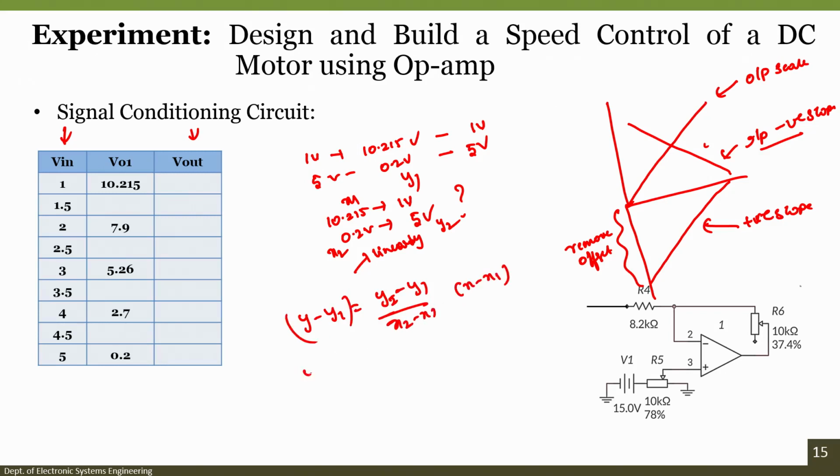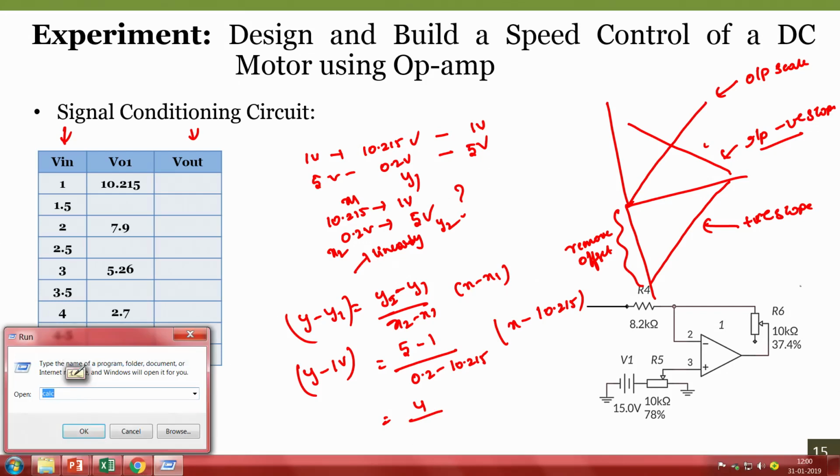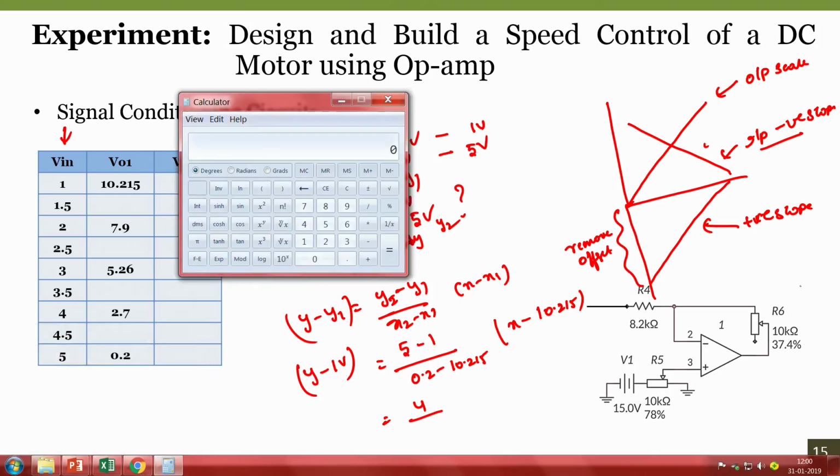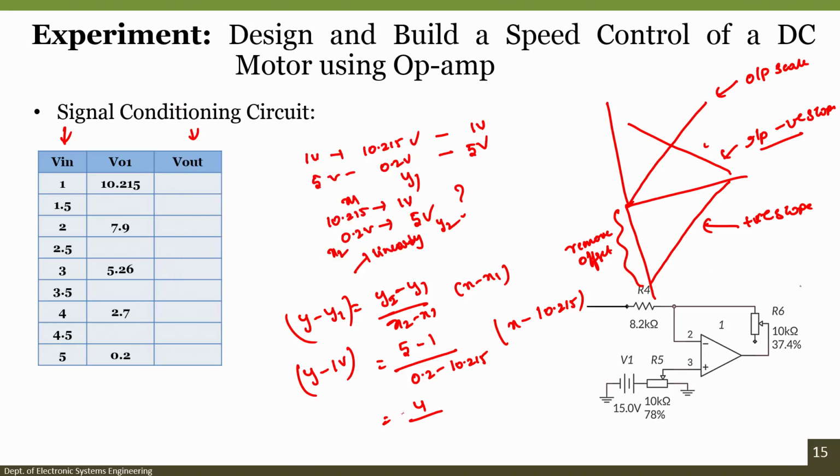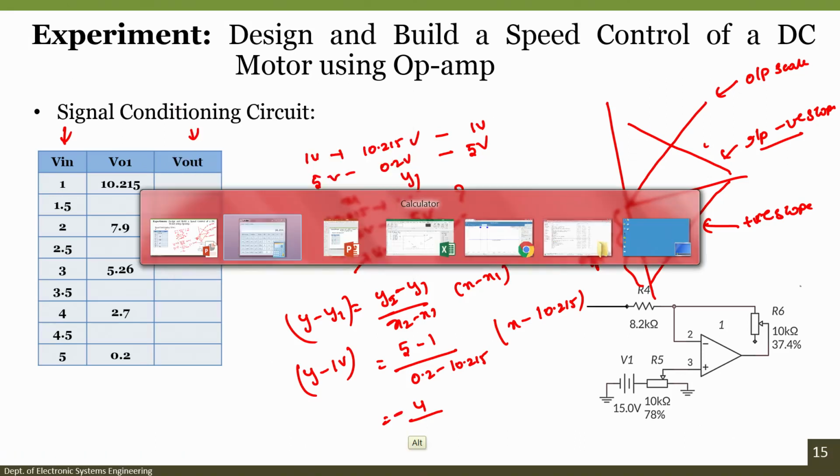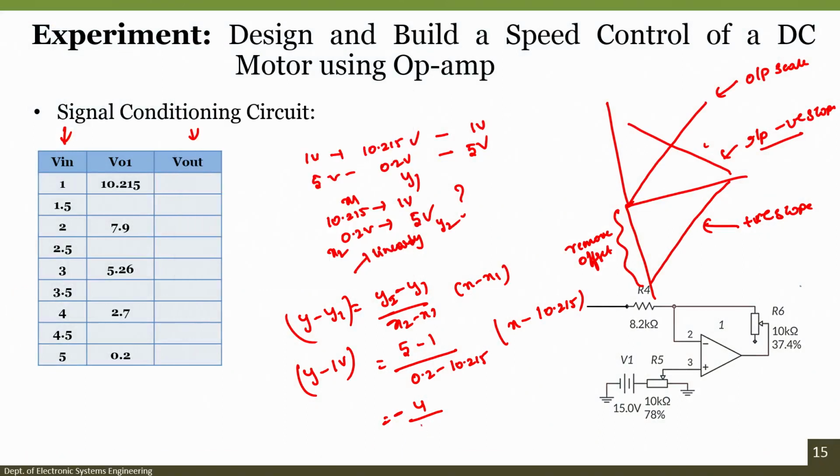Here y1 I am considering 1 volt, so 5 minus 1 divided by 0.2 minus 10.215 into x minus x1, where x1 is 10.215. When I do this calculation, the denominator, 0.2 minus 10.215, gives minus 10.015.